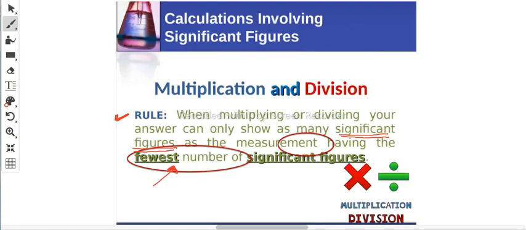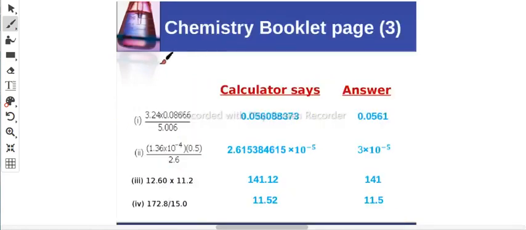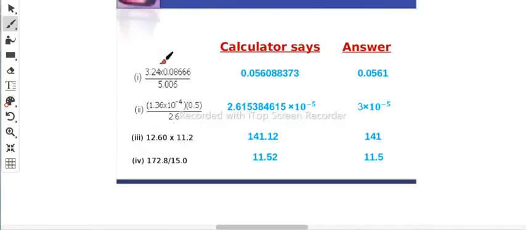So at the end, whenever you want to do calculations, multiplication and division, take into consideration your smallest significant figures number. Let's apply. I have here I, double I, triple I, and 4. So in I I have to multiply and to divide. Using your calculator now, this is what the calculator says.